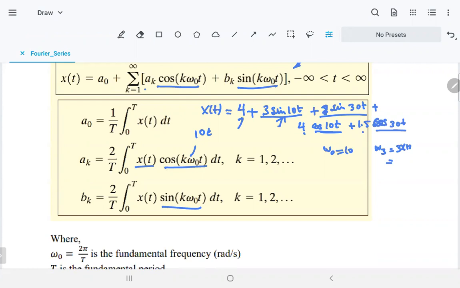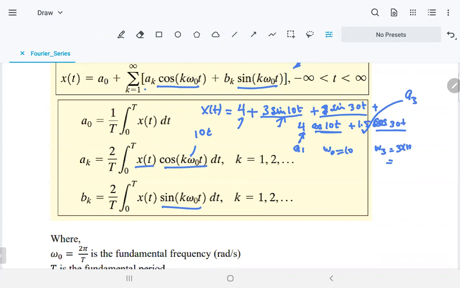So the cosine 10t, where k would be 1, that will be A1. And the 1.5 will be A3, because it is multiplied by cosine 30t, cosine 3 omega naught t.